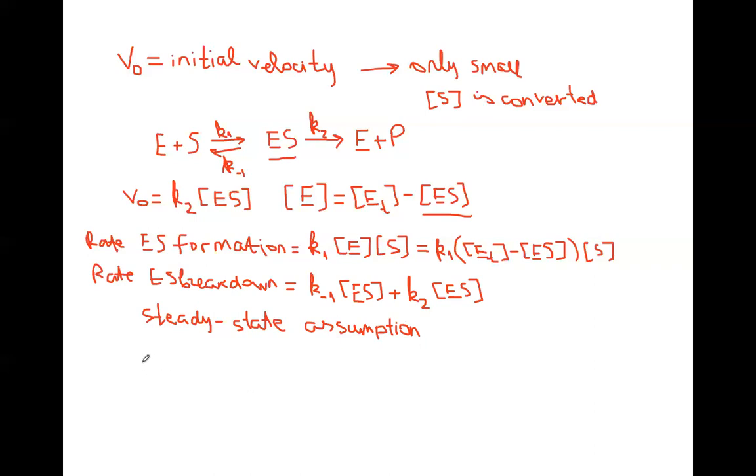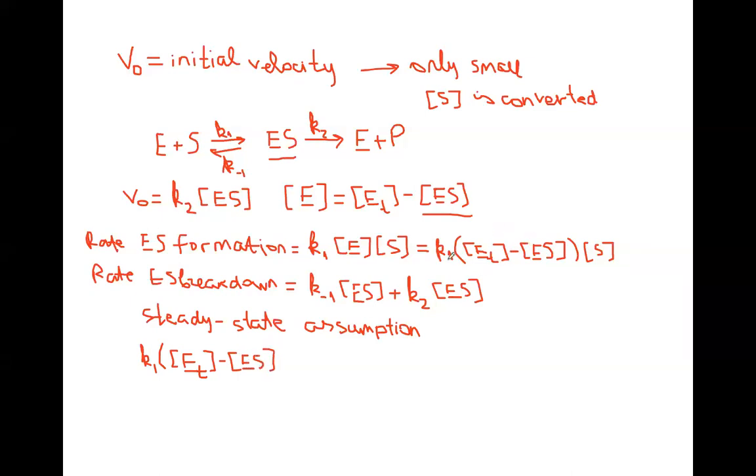So the rate of the formation is K1 times enzyme total minus the concentration of the enzyme substrate complex.